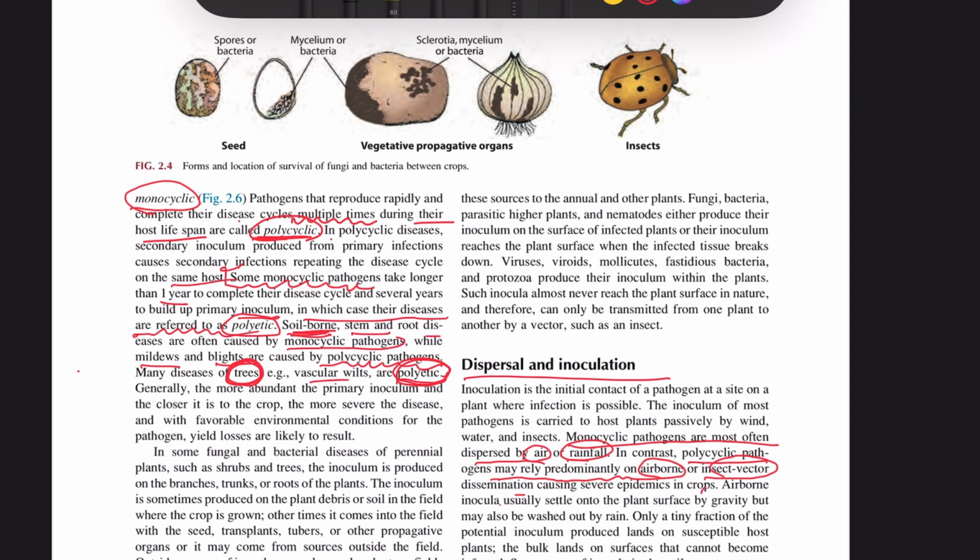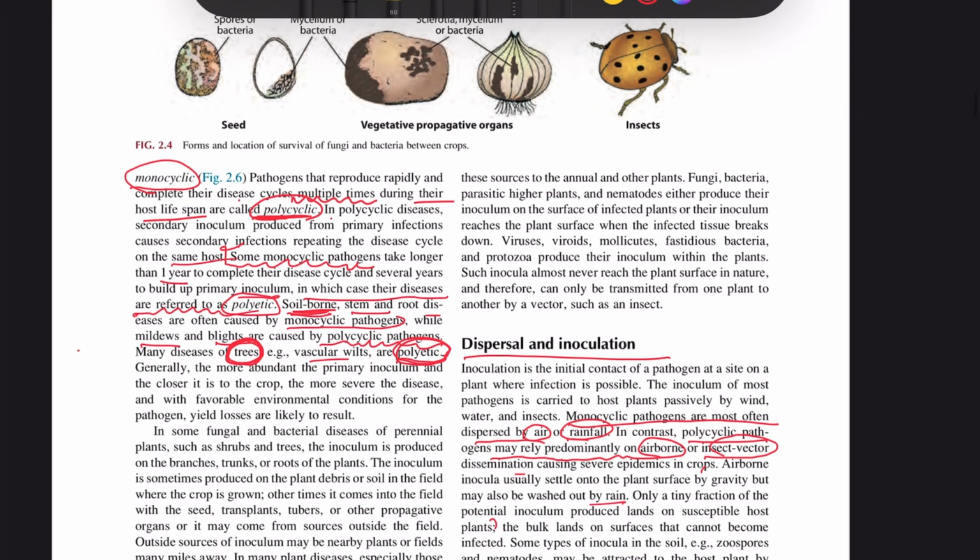Airborne inocula usually settle onto the plant surface by gravity, but may also be washed out by rain. Only a tiny fraction of the potential inoculum produced lands on a susceptible host plant. That's it. There's nothing much to discuss on this.